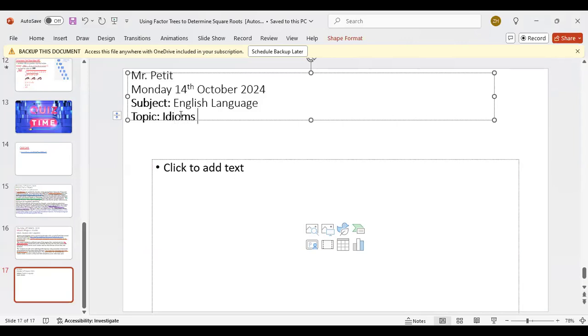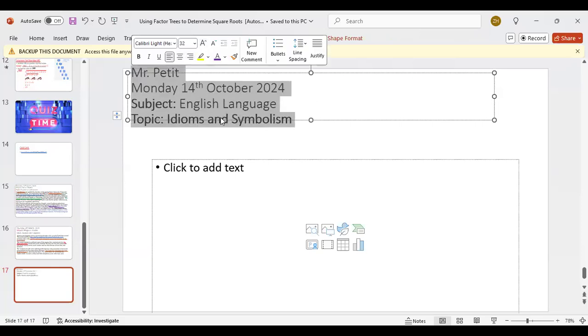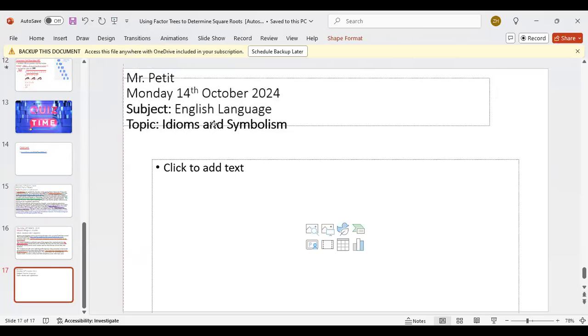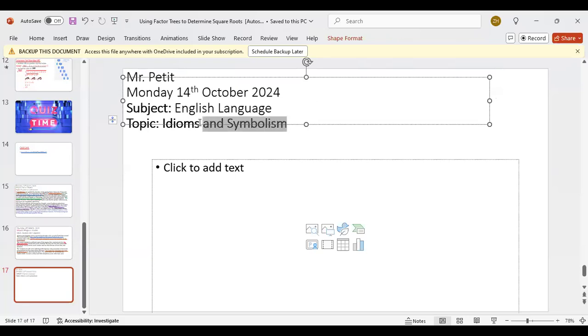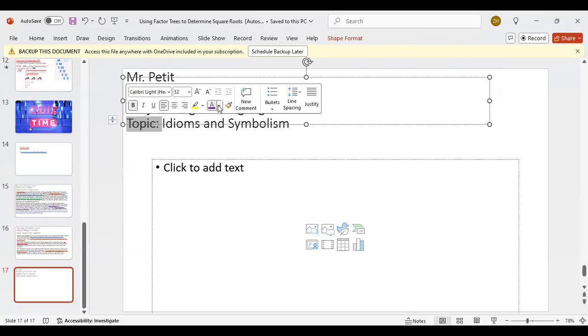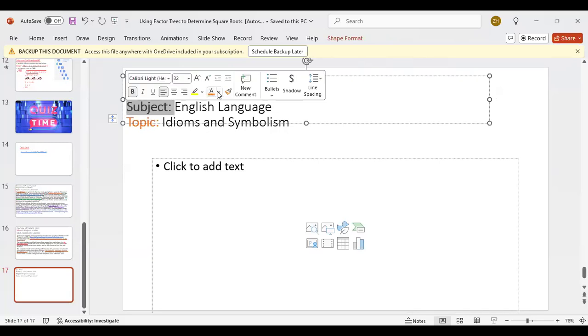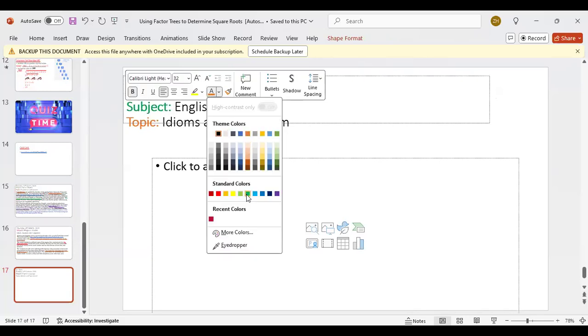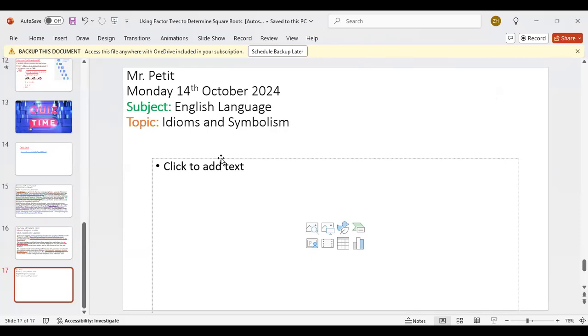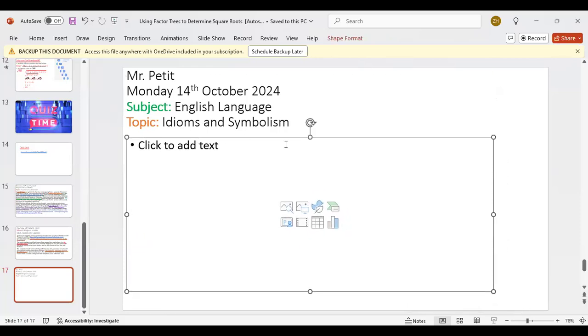All right, today we're going to be looking at idioms and symbolism. Does anyone know what we mean by idiom?